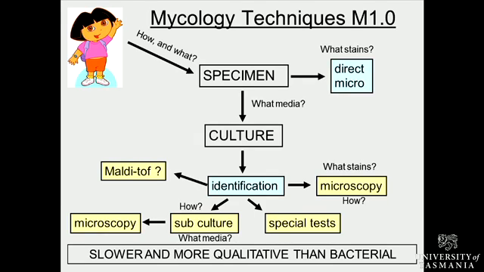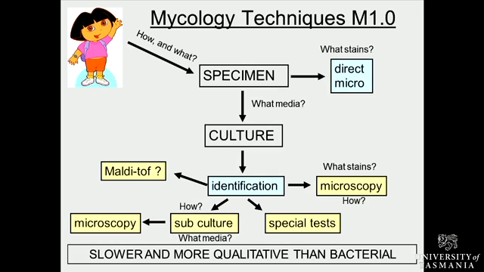So I want to give you an idea of why mycology is different than bacteriology at a rough starting point. First of all, the specimens we get are quite different. For bacteriology, specimens are swabs, or they're liquid, they're biopsies perhaps, or aspirates, or urine, or feces. With mycology, they're normally a much drier specimen.